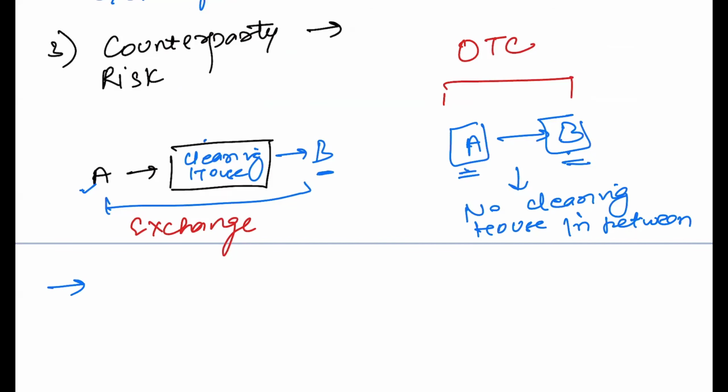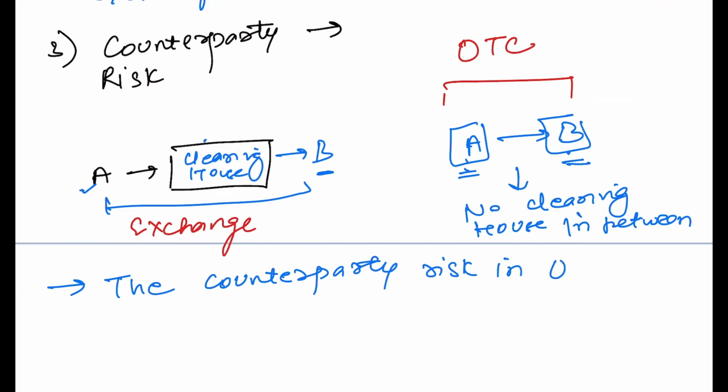If B defaults, the loss is more for A. So the counterparty risk in over the counter market is high.